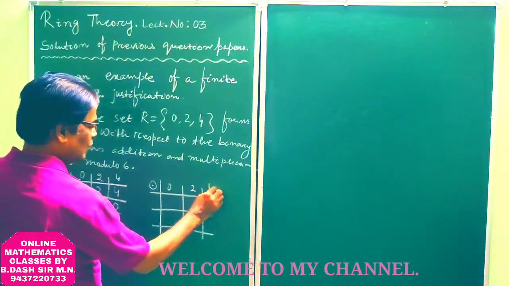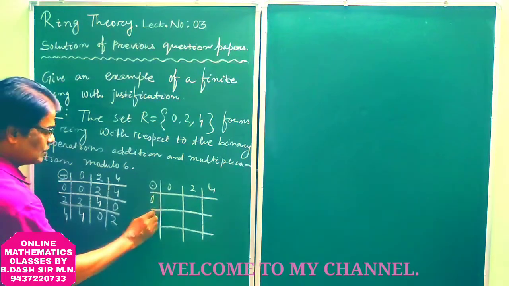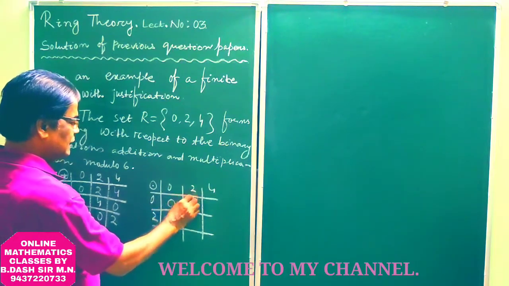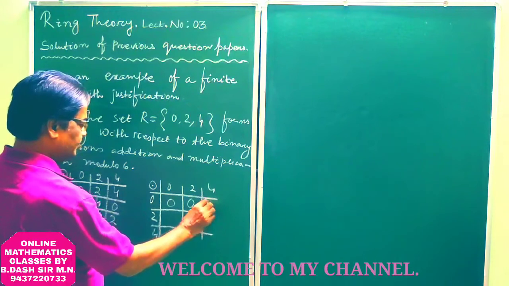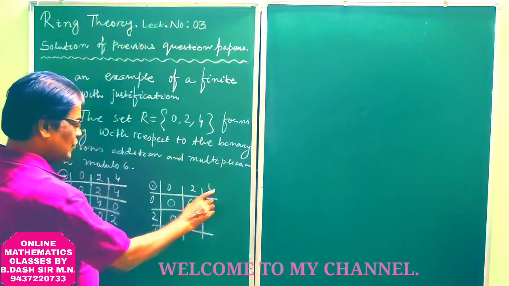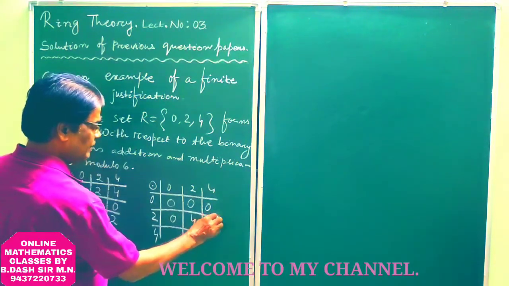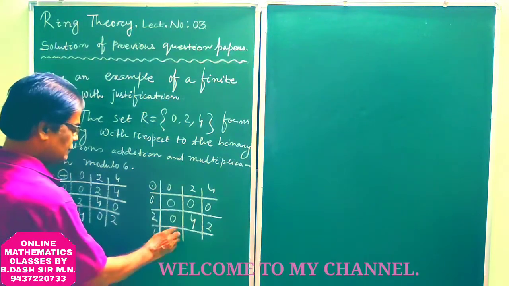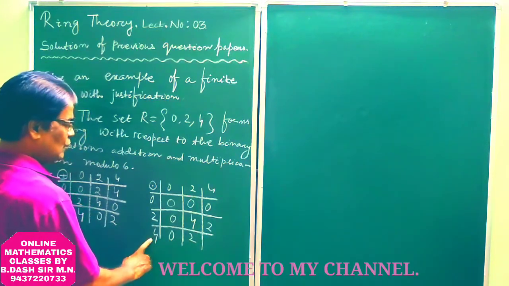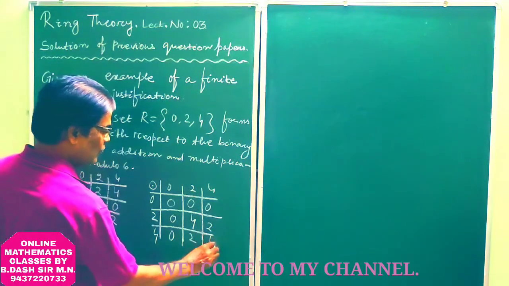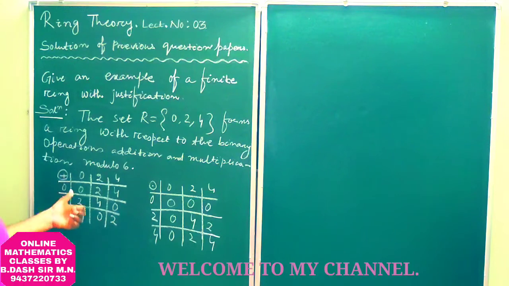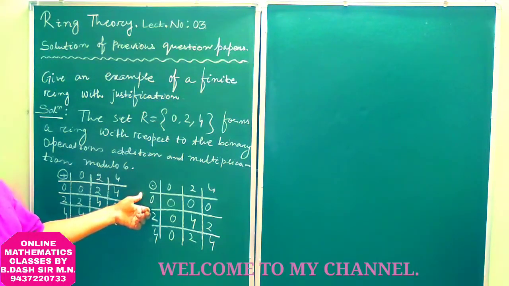Now 0 into 0, 0; 0 into 2, 0; 0 into 4, 0; 2 into 0, 0; 2 into 2, 4; 2 into 4, 8, so it will be 2. 4 into 0, 0; 4 into 2, 8, so it will be 2. 4 into 4, 16, 4. So we get the composition table with respect to addition and with respect to multiplication.